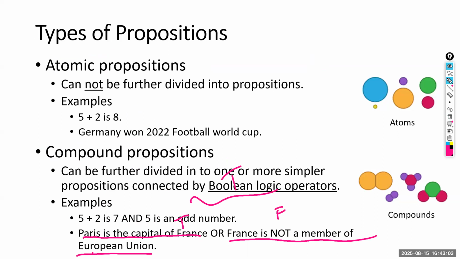So therefore, these are all propositions, but these are compound propositions because you can find smaller propositions inside that. Now, how do we create compound propositions? By combining other propositions. It can be another compound proposition or an atomic proposition, by combining those other propositions using Boolean logic operators.